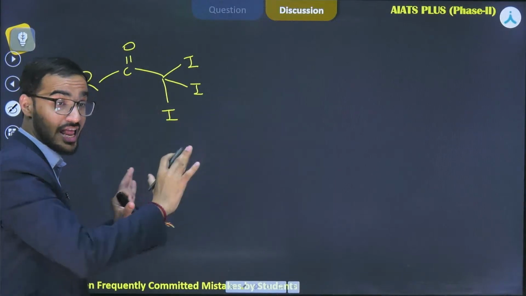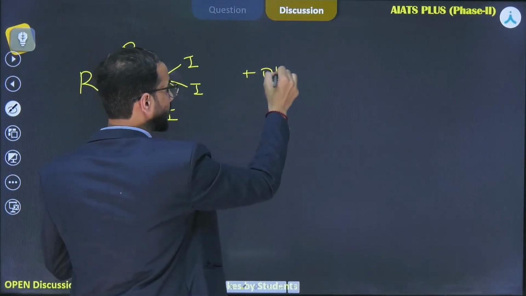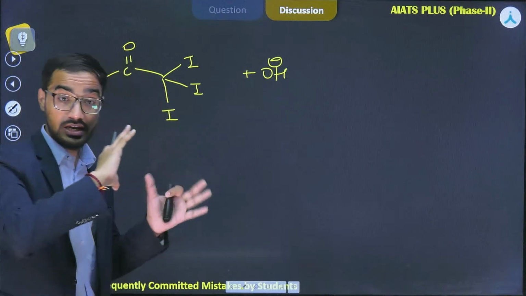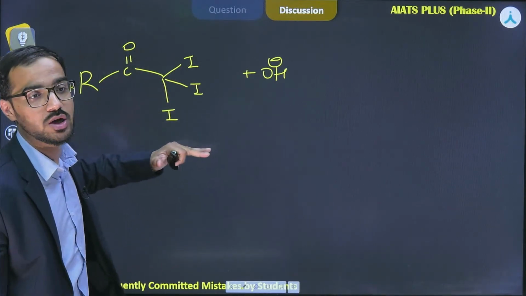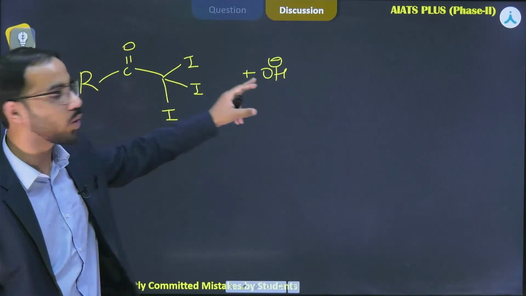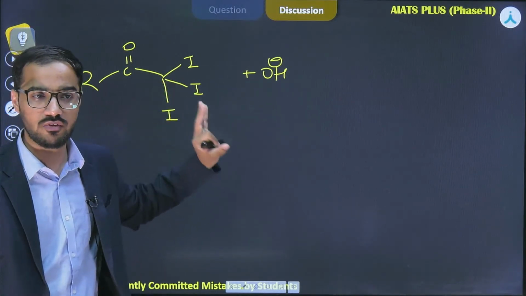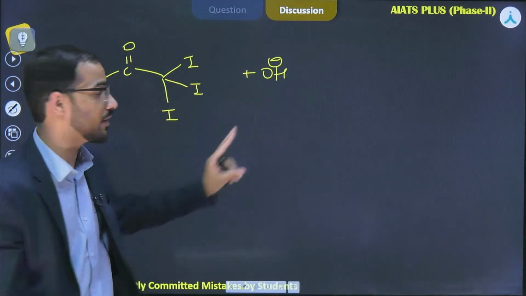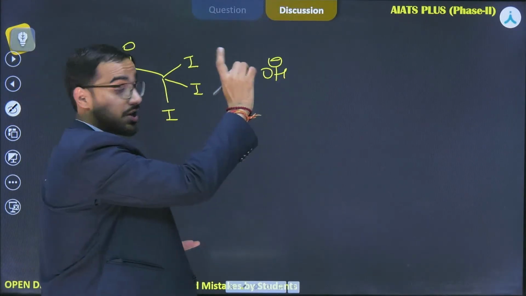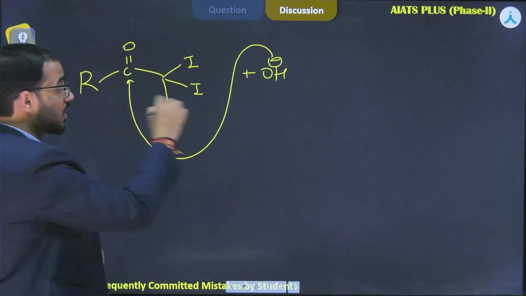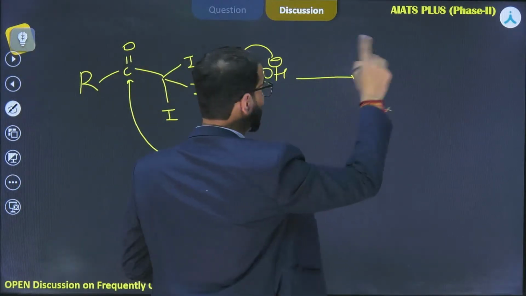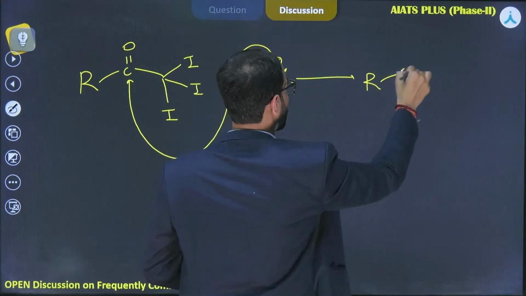And you are still having OH negative, and you can clearly see that there is no hydrogen atom left for the OH negative to abstract. So what will be the case here? The OH negative will now attack this electrophilic center and form a tetrahedral intermediate.